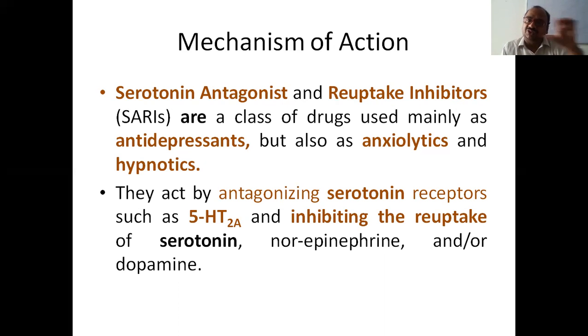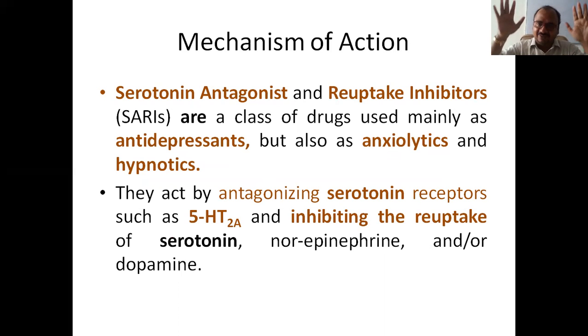Serotonin antagonists, that is blockage of the receptor. Reuptake inhibitors, called serotonin antagonists, are a class of drugs used mainly as antidepressants. Whenever you go into depression or anxiety, you have to take a 5-HT antagonist, SARI.